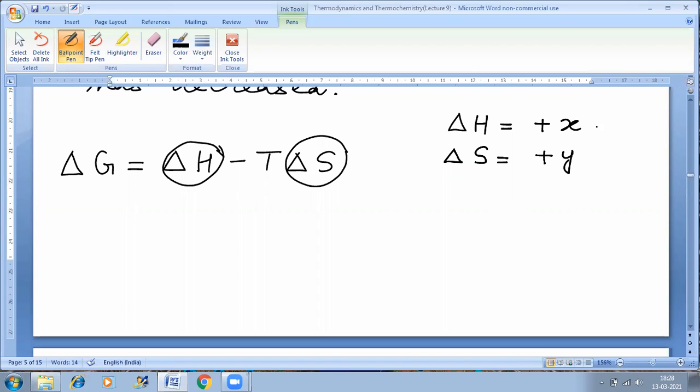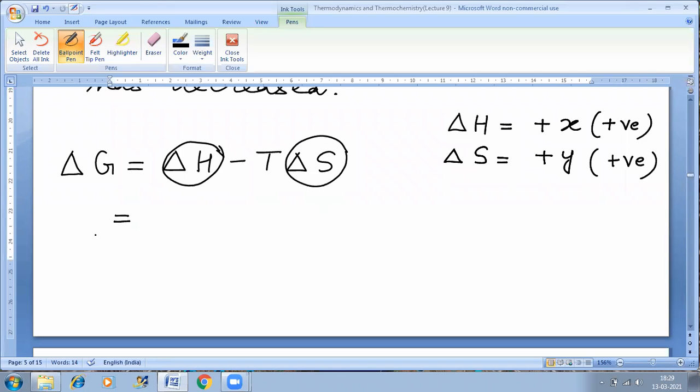That means both delta H and delta S are positive in this case. So how do we assess the spontaneity, or what do we say about the spontaneity if delta H and delta S are positive? Let's see that.